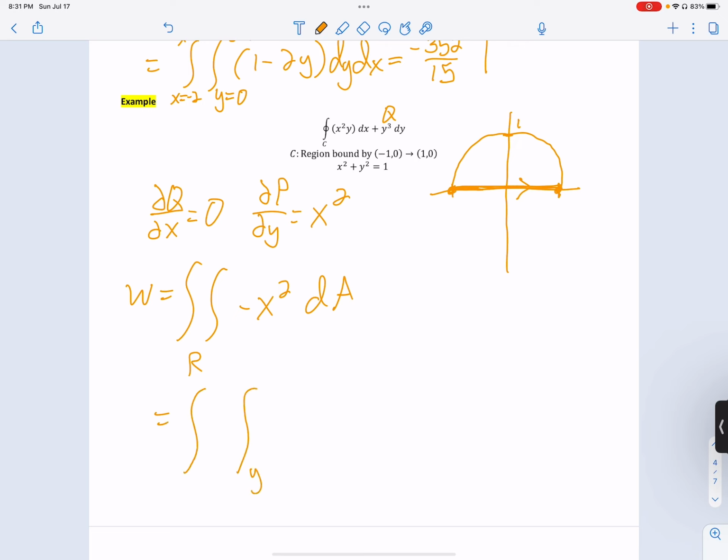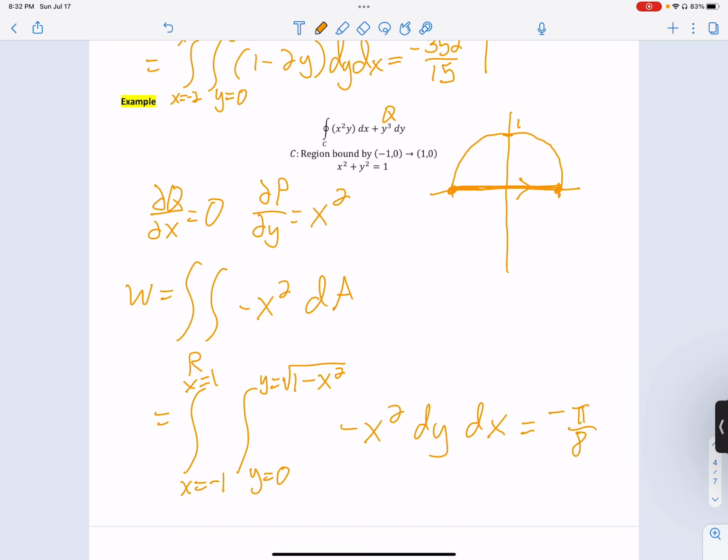Y looks like the better one. We get y equals 0 up through y equals the square root of 1 minus x squared. That's solving this for y. And the top part is the positive, so that's why we don't have minus. dy, then dx, and the x's are running from negative 1 to 1. The answer to this, if you want to check your work, is negative pi over 8.